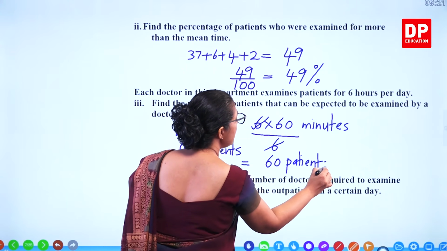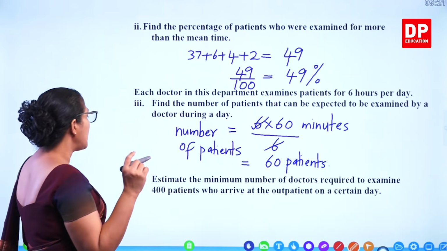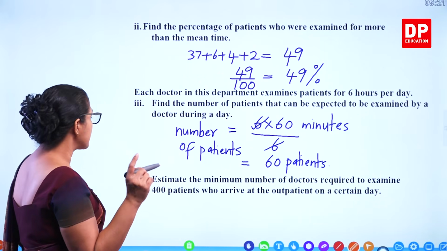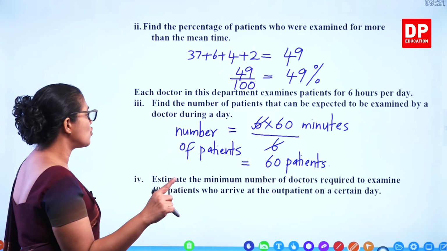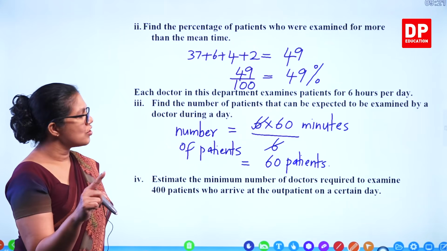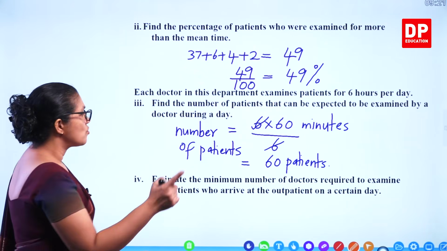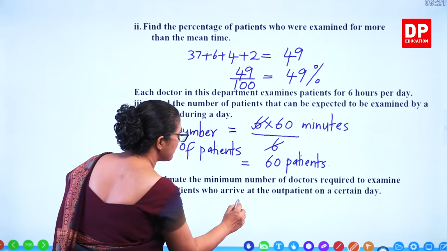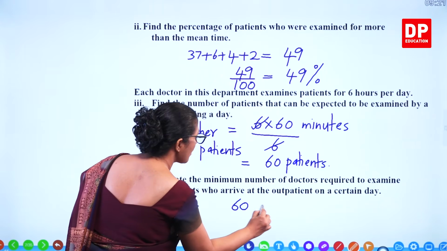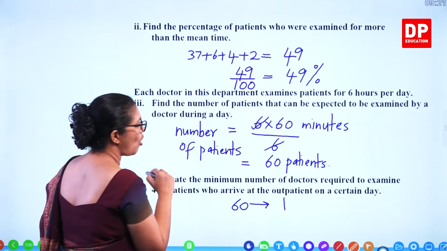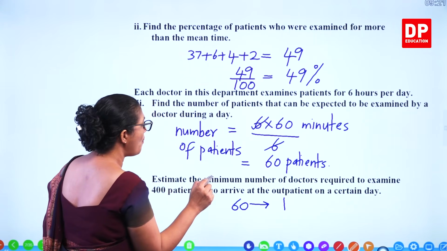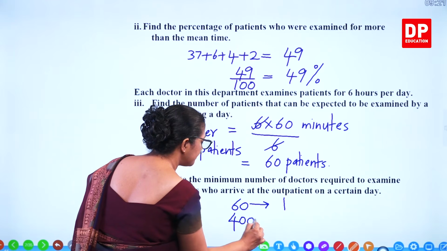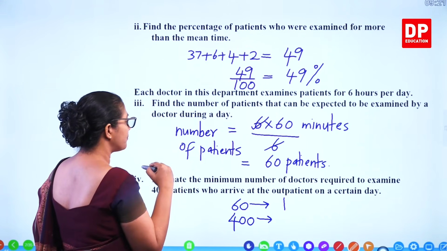The doctor can examine 60 patients. Estimate the minimum number of doctors required to examine 400 patients who arrive at the outpatient department on a certain day. So we know 60 patients, 1 doctor. So how many doctors are needed for 400 patients?